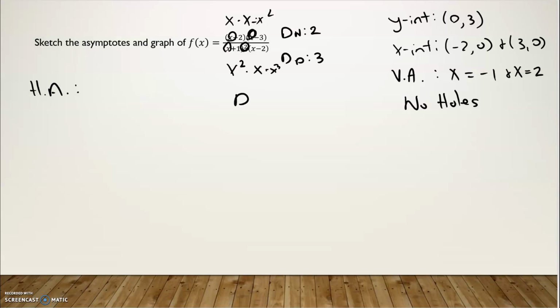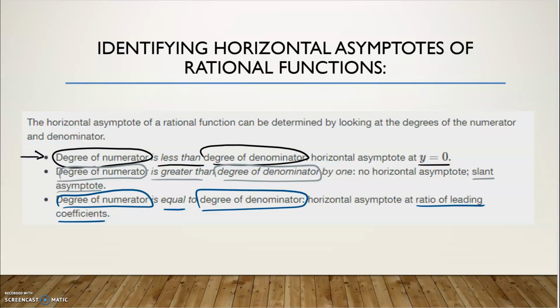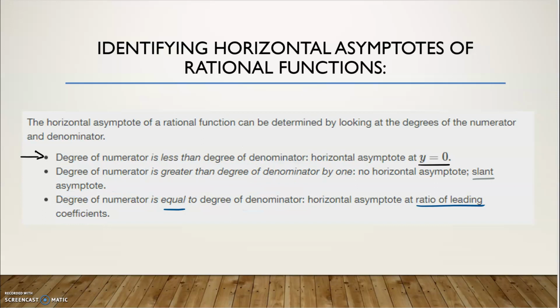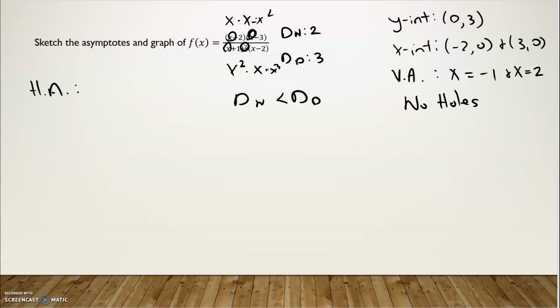So the degree of the numerator is less than the degree of the denominator. And back here, we had this information. Okay, so if the degree of the numerator is less than the degree of the denominator, then we're going to have a horizontal asymptote at y equals 0. So we'll write that over here: horizontal asymptote at y equals 0.